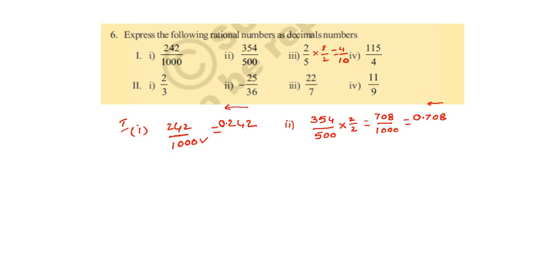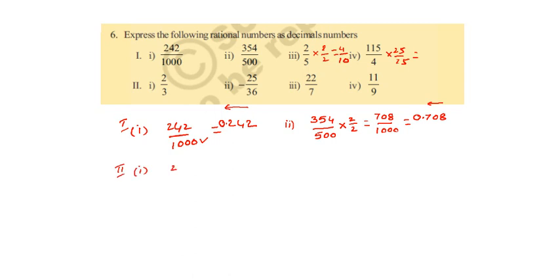Hence, you multiply that one by 25 by 25, and you find the decimal form at your home. So the third one and fourth one both are homework for you.